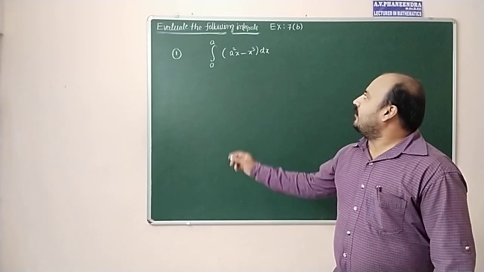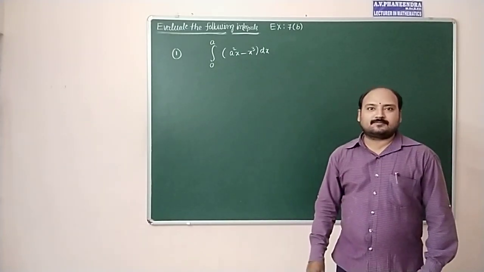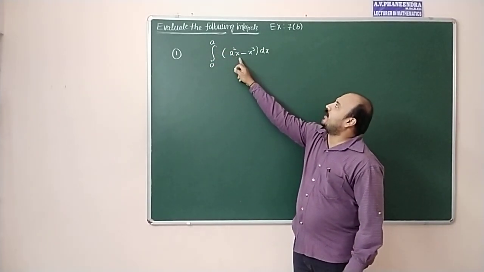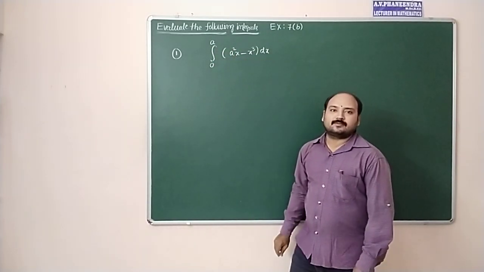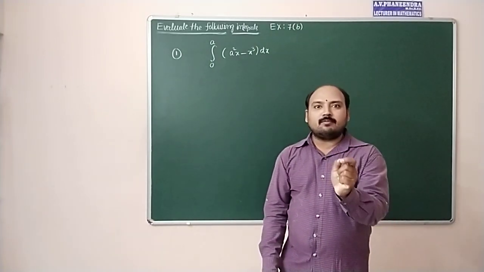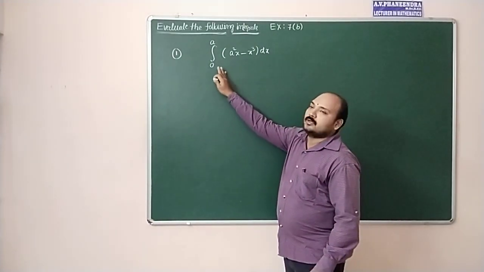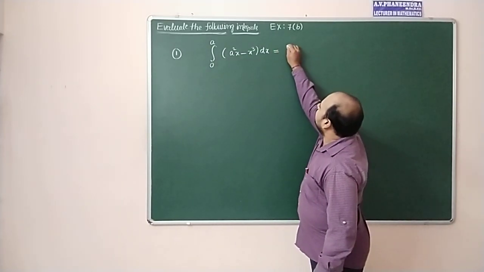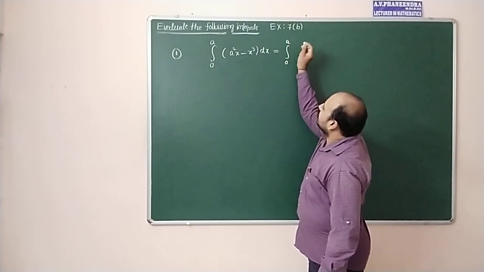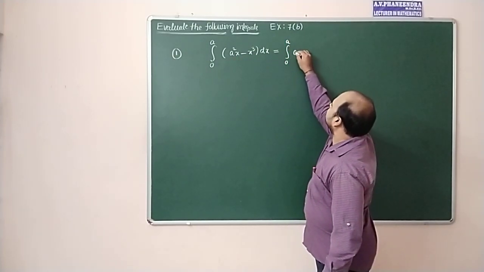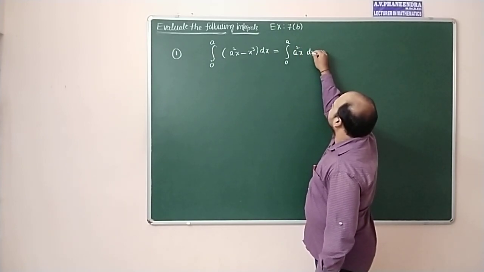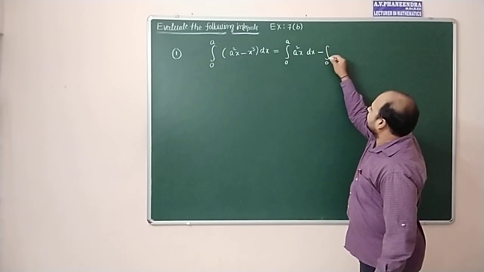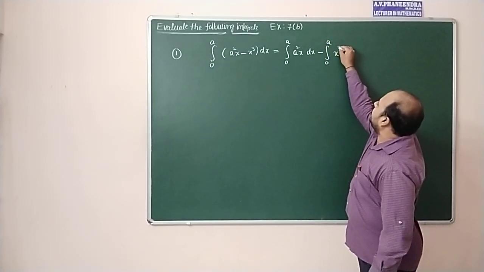First question. Evaluate the following integrals. The first question: integral 0 to a of a square x minus x cube dx. Each and every term you have to integrate. First, integral 0 to a of a square x dx minus integral 0 to a of x cube dx.